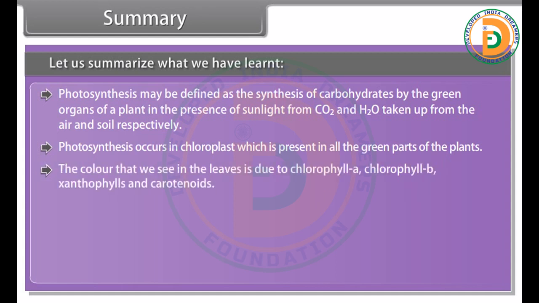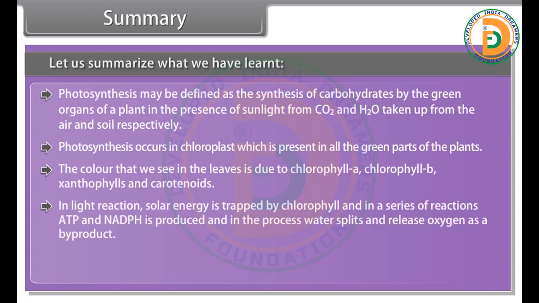The color that we see in the leaves is due to chlorophyll a, chlorophyll b, xanthophylls and carotenoids. In the light reaction, solar energy is trapped by chlorophyll, and in a series of reactions, ATP and NADPH are produced, and in the process, water splits and releases oxygen as a byproduct.